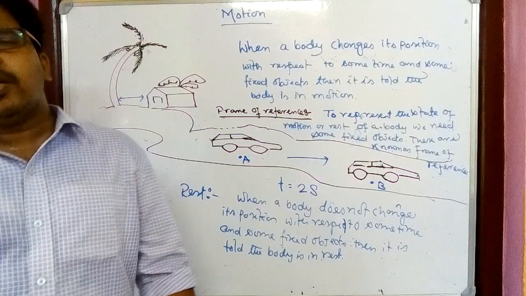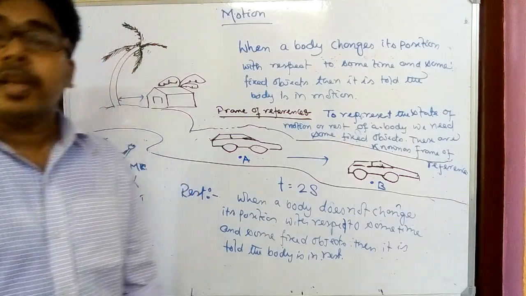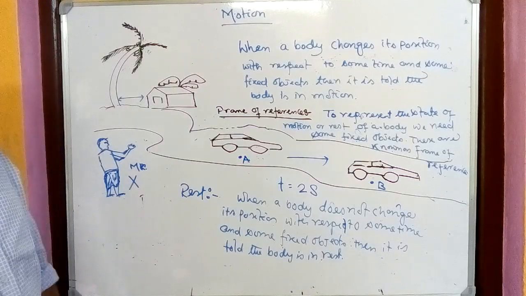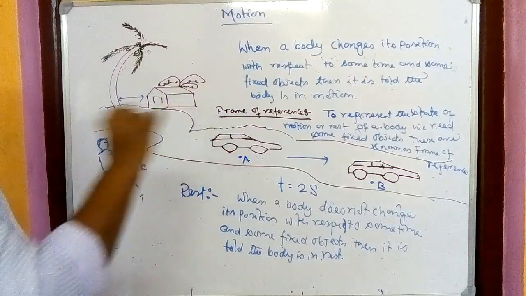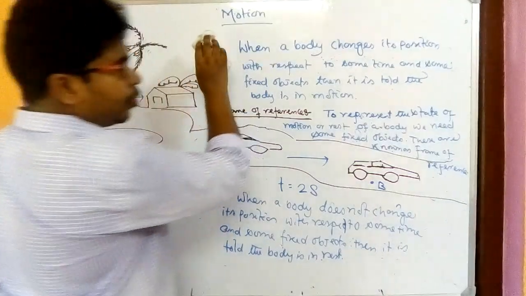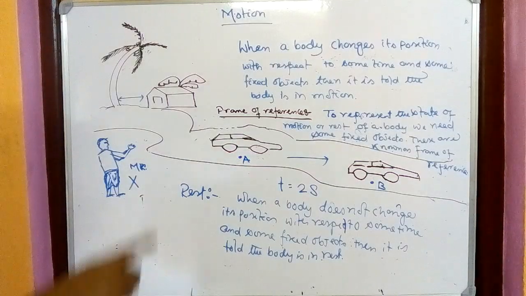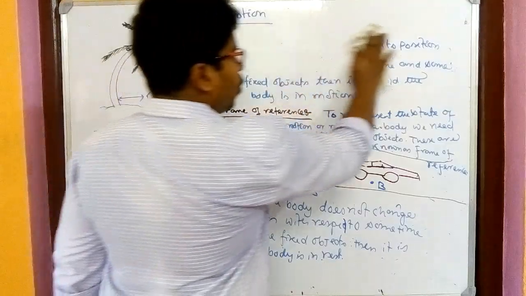So what is the need of a frame of reference? I am telling you that the frame of reference is very important to represent the motion. To understand that, we have to remove that portion. I think you have already written it. If you have not written it, pause the video here, write it down, then come to the next point.